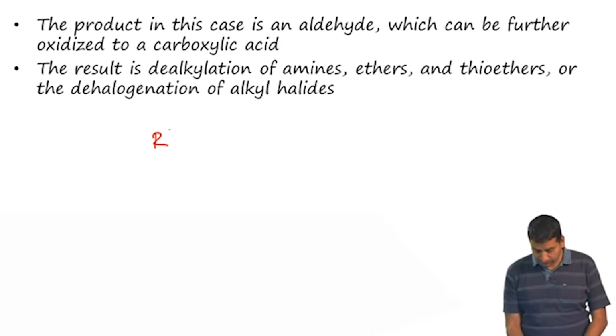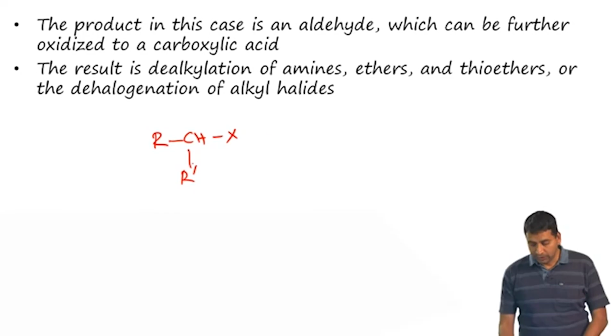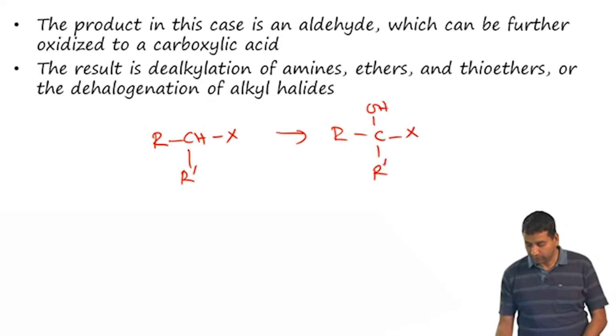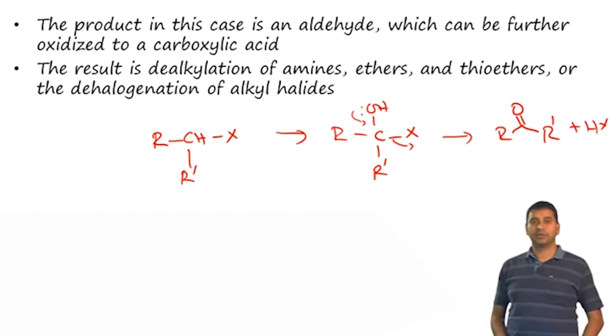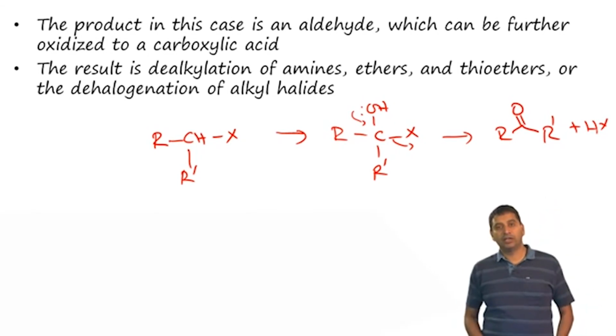We have R CH X R prime, which can undergo oxidation to give you R C OH X R prime, and now you can push arrows in the following manner to give you R C double bond O R prime plus H X. Okay. So, dehalogenation of alkyl halides is also possible to give you the corresponding ketone.